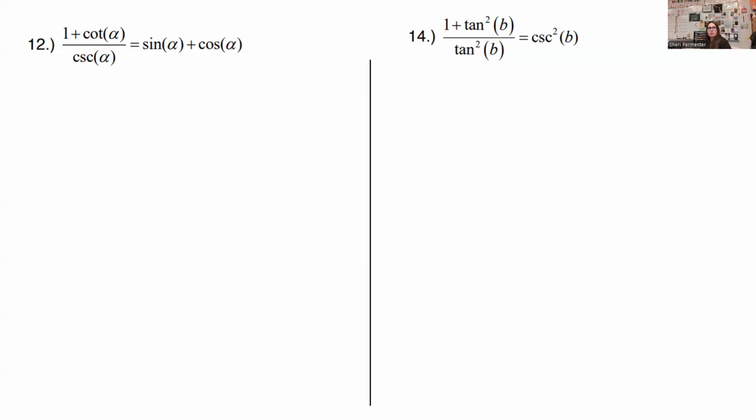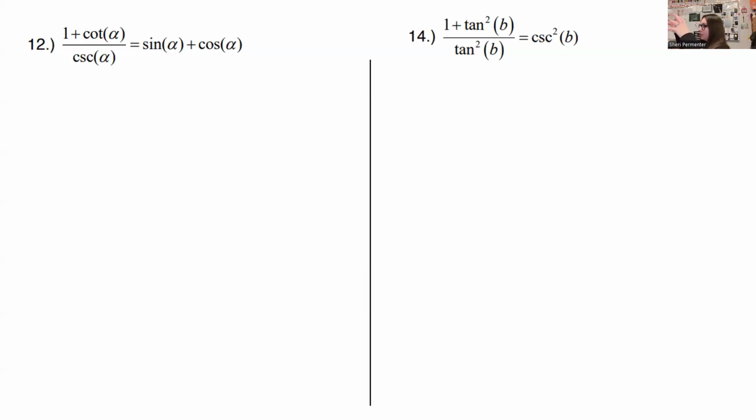So for question number 12, we're going to take that and we're going to rewrite it, and we'll stop when we make it look like sine alpha plus cosine alpha. So this one, we're not simplifying to just one term. We're simplifying until it tells us what we want to make it look like. So let's do it. The first thing that we're going to do is take that fraction, and this is a skill that you probably are very weak in.